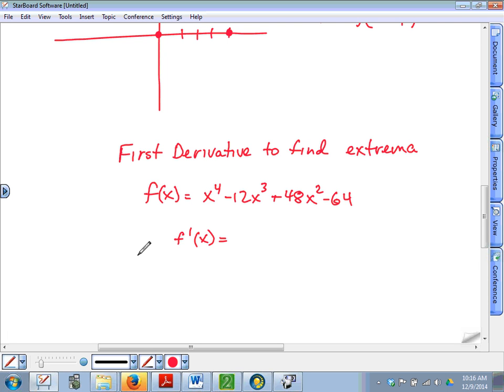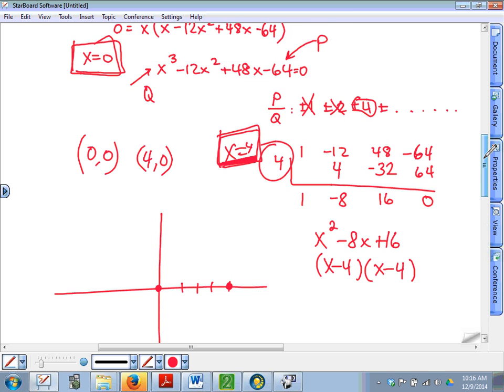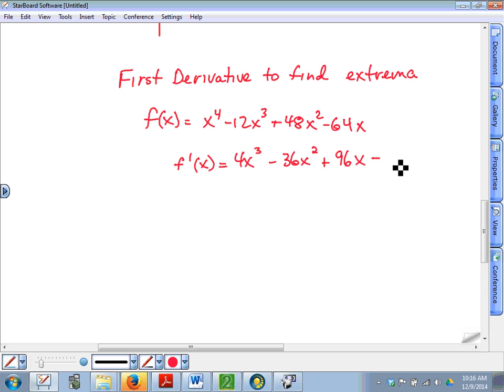Well, this is a polynomial function, this is easy. 4x to the 3rd, then 48 times 2 is 96x. And then it's negative 64x? No, negative 64. So then it's minus 64.